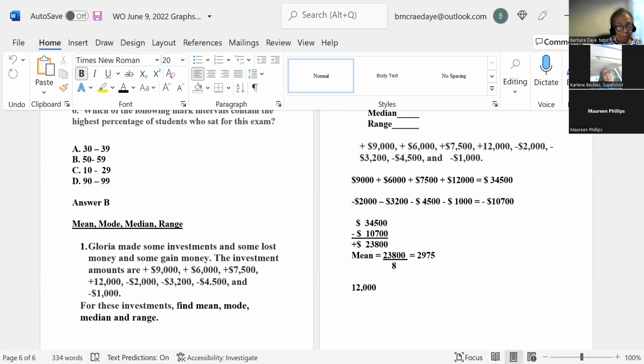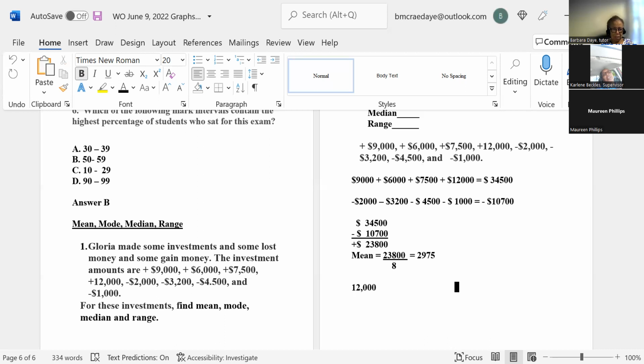No, that's a negative. Remember your number line? The minus 1,000 will come before, say, a minus 2,000, and you're getting smaller. So what would be your smallest negative number? 6,000 is positive.